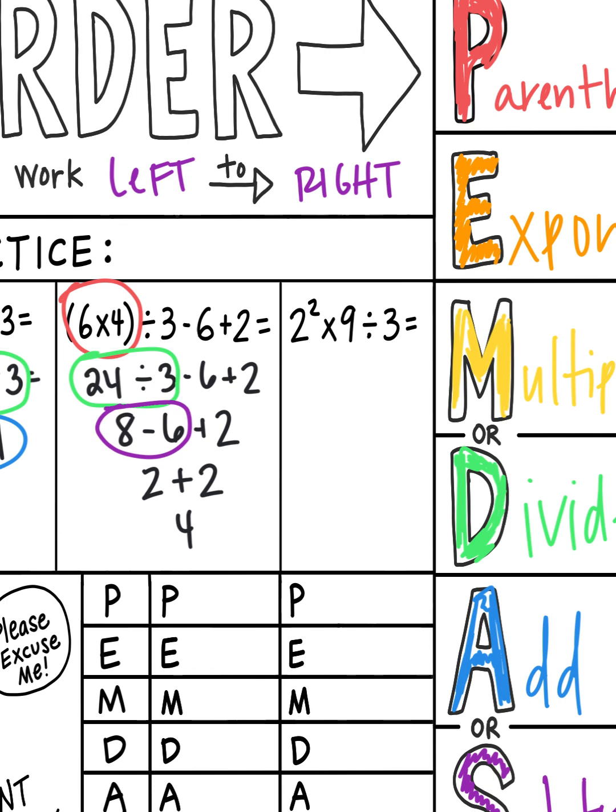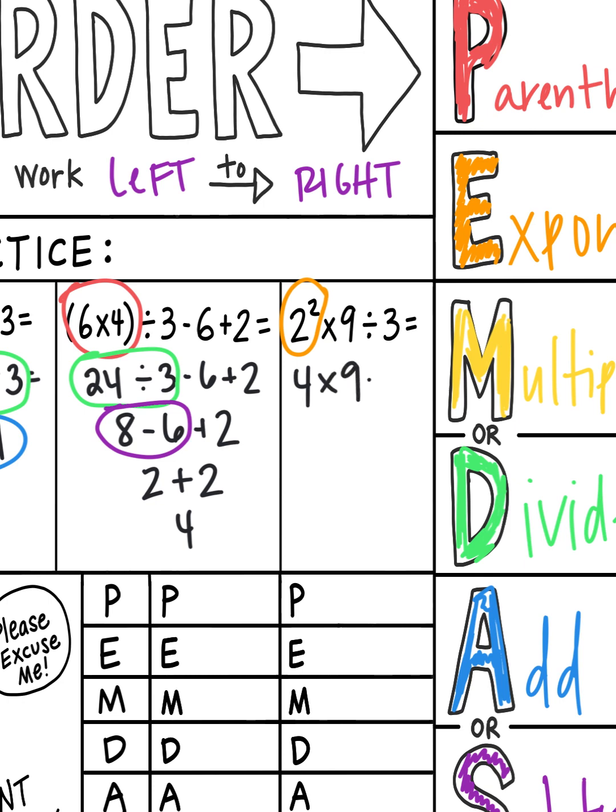Okay, next. Do I have any parentheses in this problem? No. But what I do have is an exponent. So I'm going to circle this. That means that it's 2 to the power of 2, meaning 4. Good.